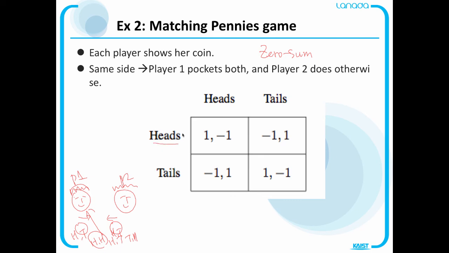If both are heads, then player one gets the payoff, but player two loses the coin, so that's -1. The same thing for tail and tail. But if the faces are different, like head and tail, then player two pockets them, so their payoff is 1, and player one loses the coin. So that's called the matching pennies game, and that's exactly one example of the zero-sum game.